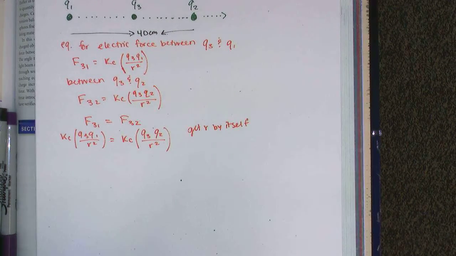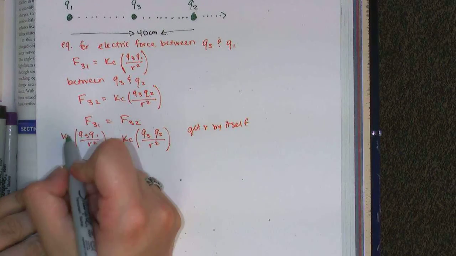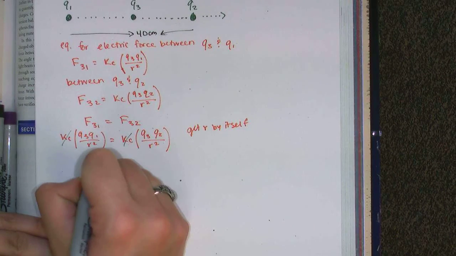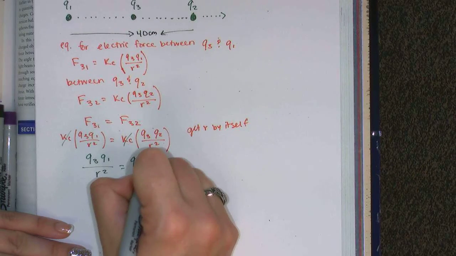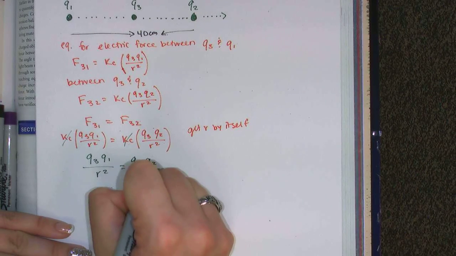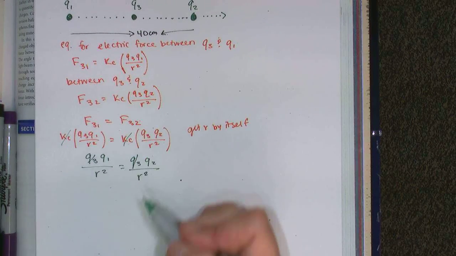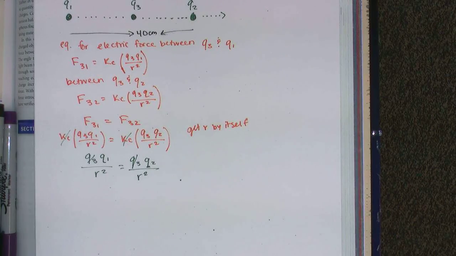So now I can get rid of the K sub C's here because they're going to go away, leaving me with Q3 Q1 over R squared is equal to Q3 Q2 over R squared. So then from here, because I have a Q3 in both of these, I can get rid of those. My Q's kind of look like 9s, but those are Q's, not 9s.